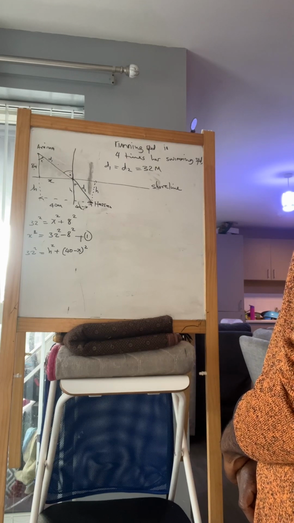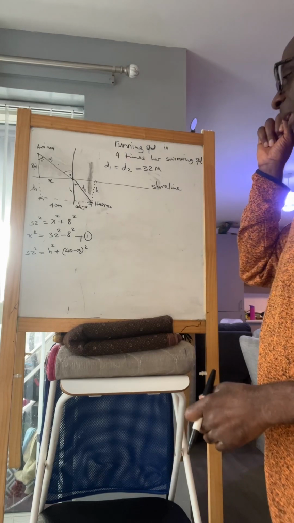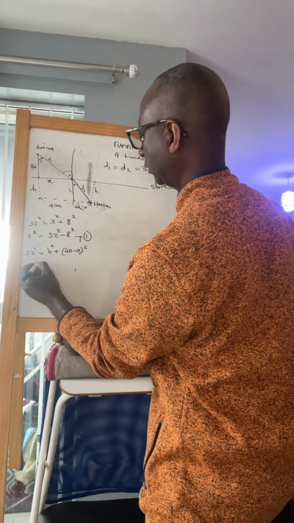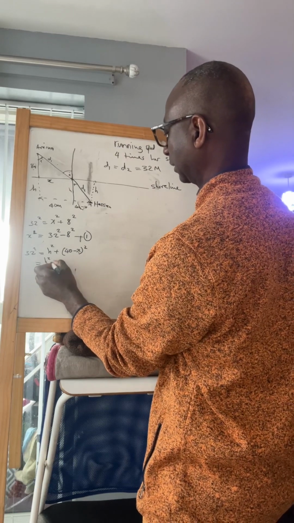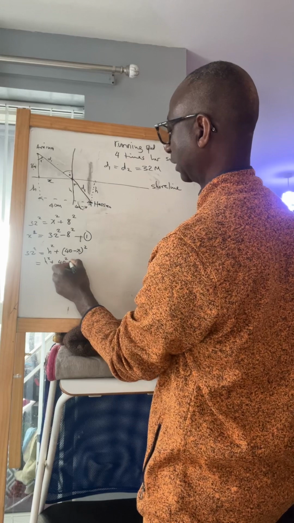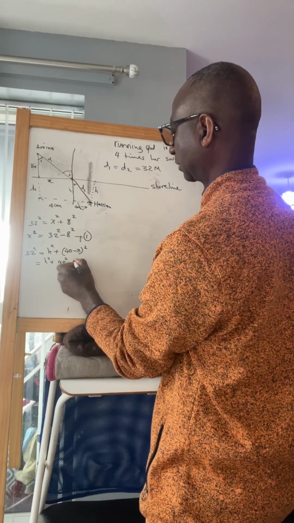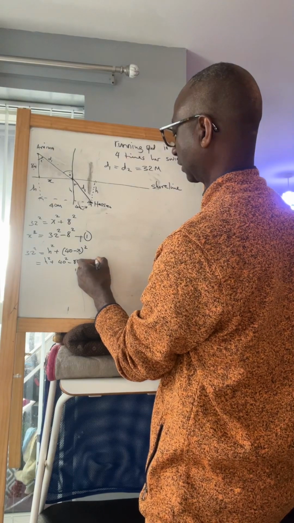This will lead us to h squared plus 40 squared minus 80x plus x squared.